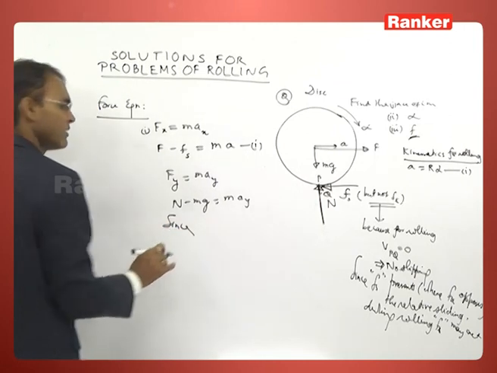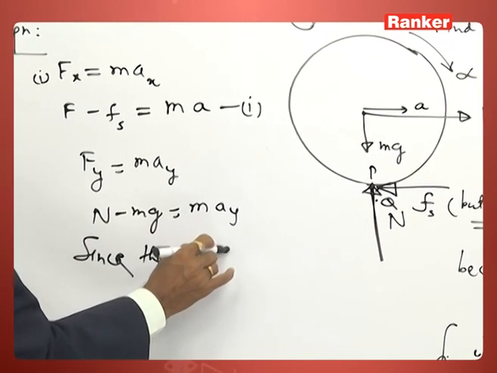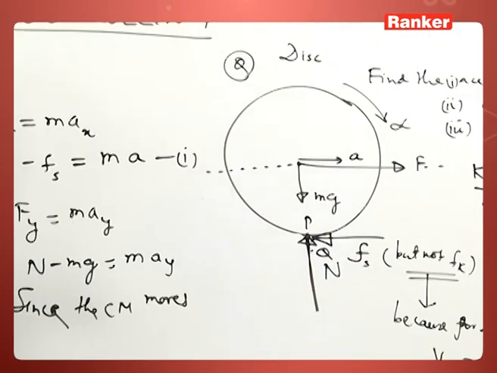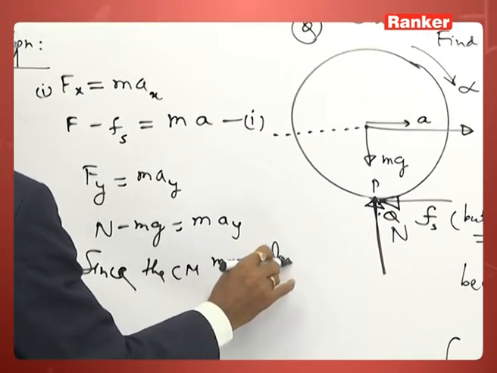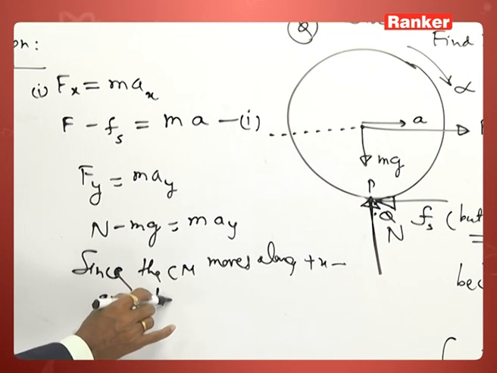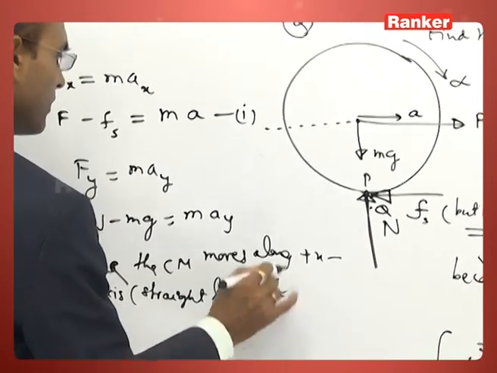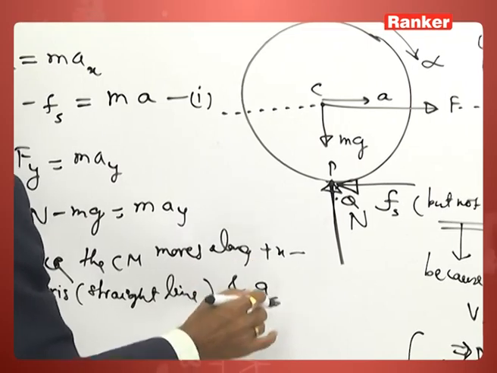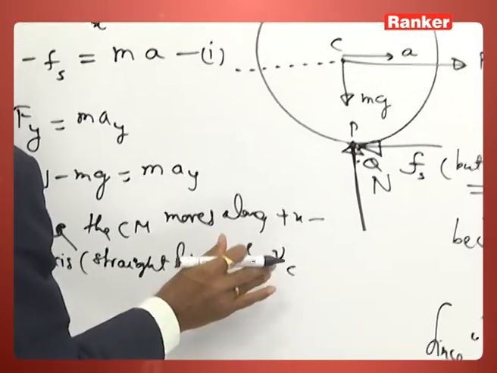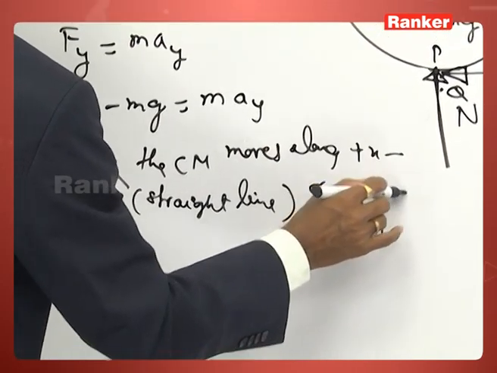Since the center of mass moves along a straight line, the velocity of the center of mass along y direction is equal to 0.